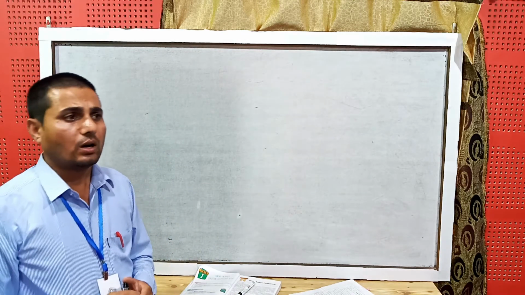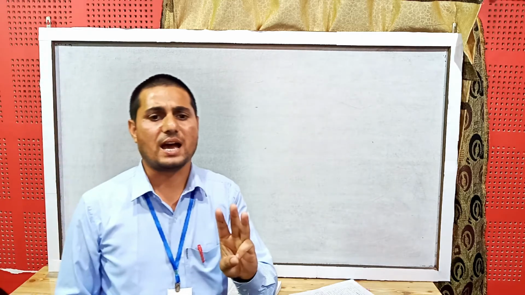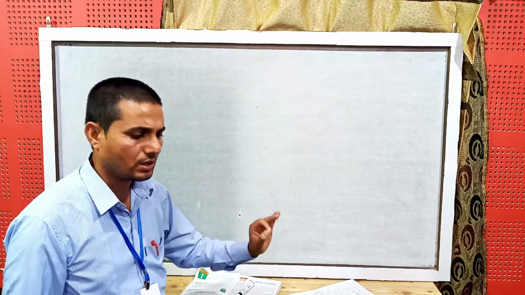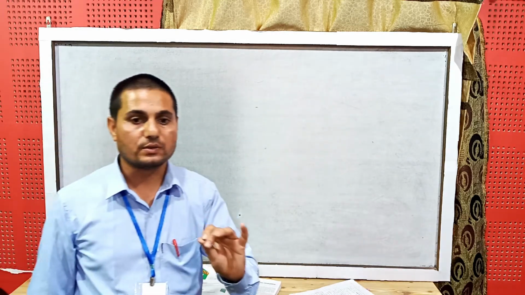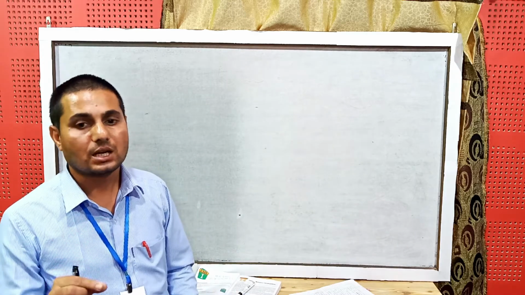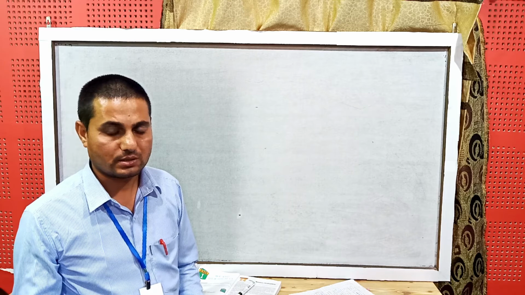Altogether 3 groups of questions are asked in the examination. Group A consists of very short answer questions. Group B consists of short answer questions, whereas Group C consists of very long answer questions.